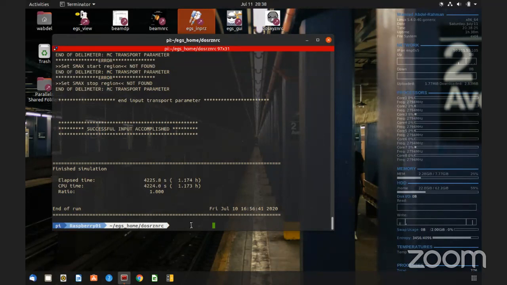So let me just show you how this works. Now let's actually submit. I'm going to copy, let's say, Raspberry 01, and put this Raspberry, and then I'm going to do parallel processing with Slurm.